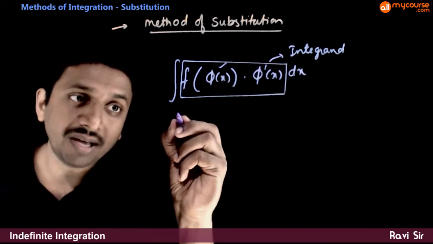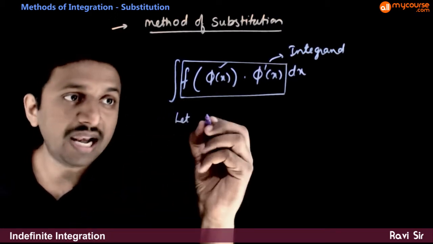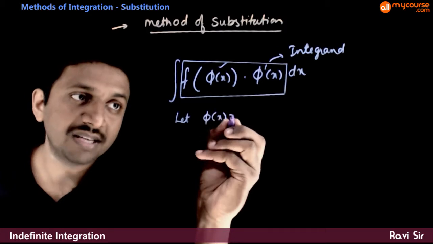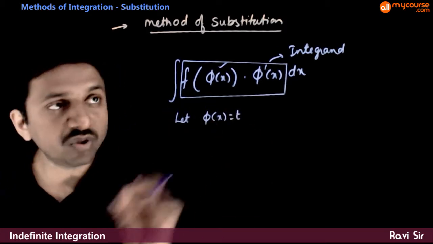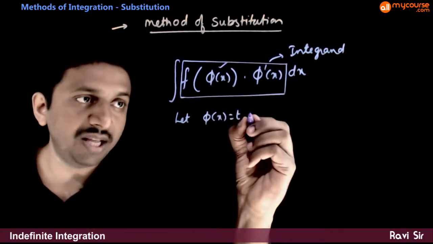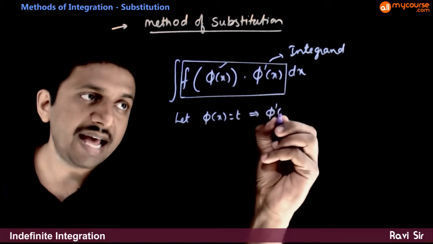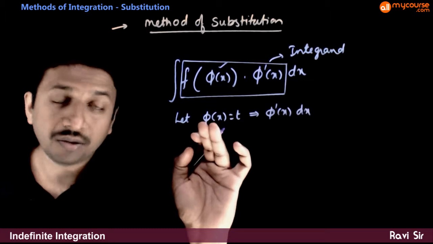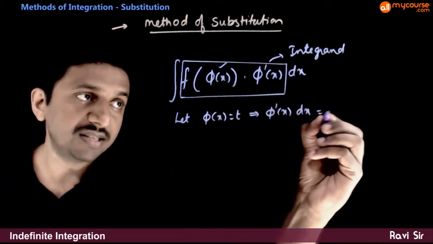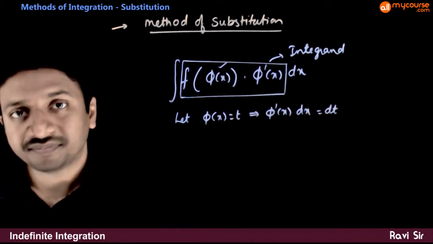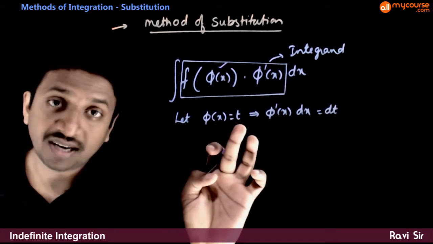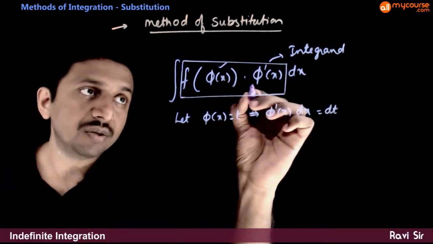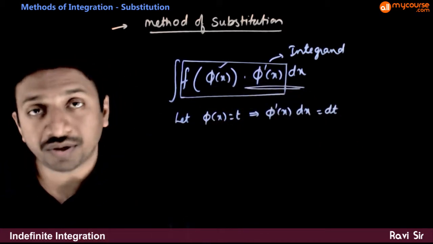Now what you can do is, you can substitute let phi of x is equal to t. So if you substitute phi of x is equal to t, and differentiate on both sides, you get phi dash of x dx is equal to dt. So this phi dash of x dx goes into dt.